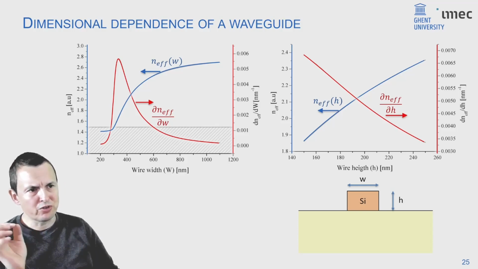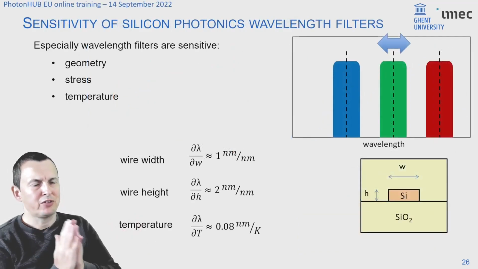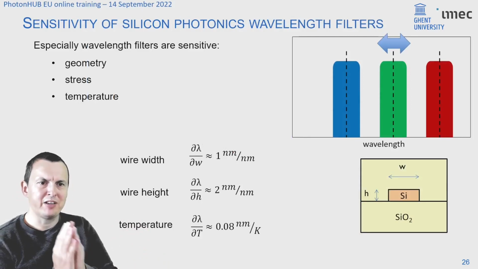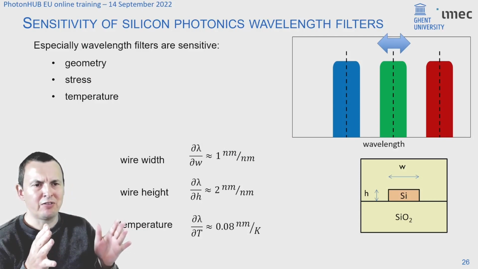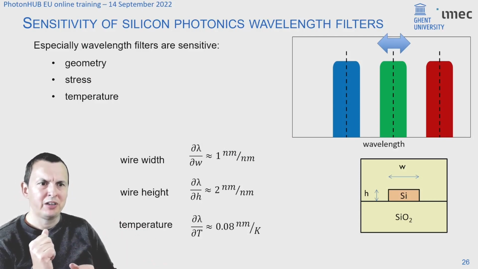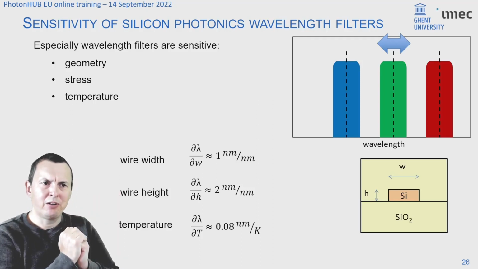Now, just to sketch again how critical this is, if you take a wavelength filter, let's say a ring resonator or a Mach-Zehnder Interferometer, and you use waveguides there, and inside your wavelength filter there's a variation of your wire width, of your waveguide width, of a single nanometer, the transmission band of your wavelength filter will also shift by 1 nanometer.